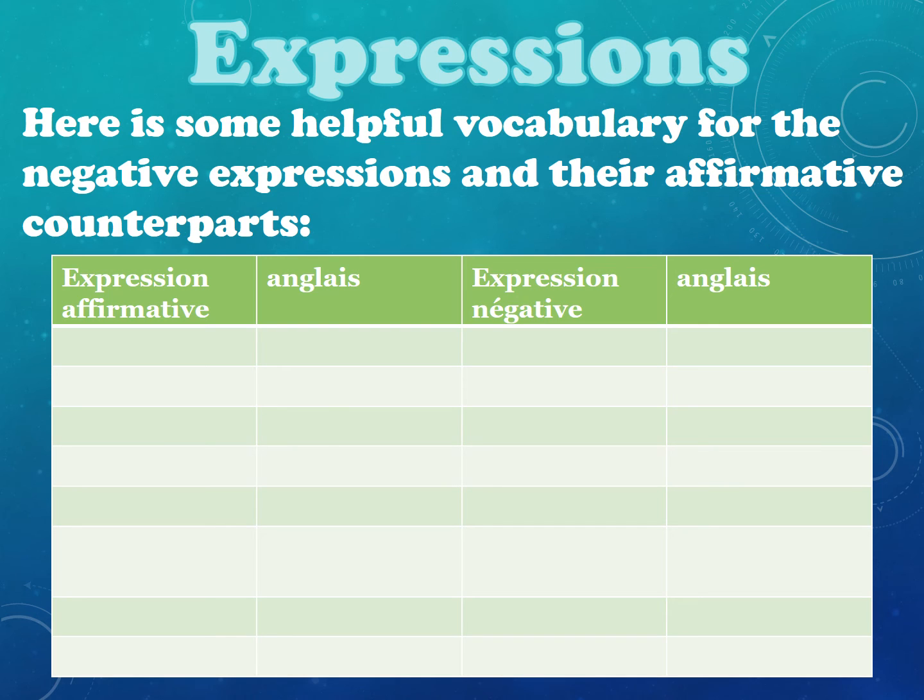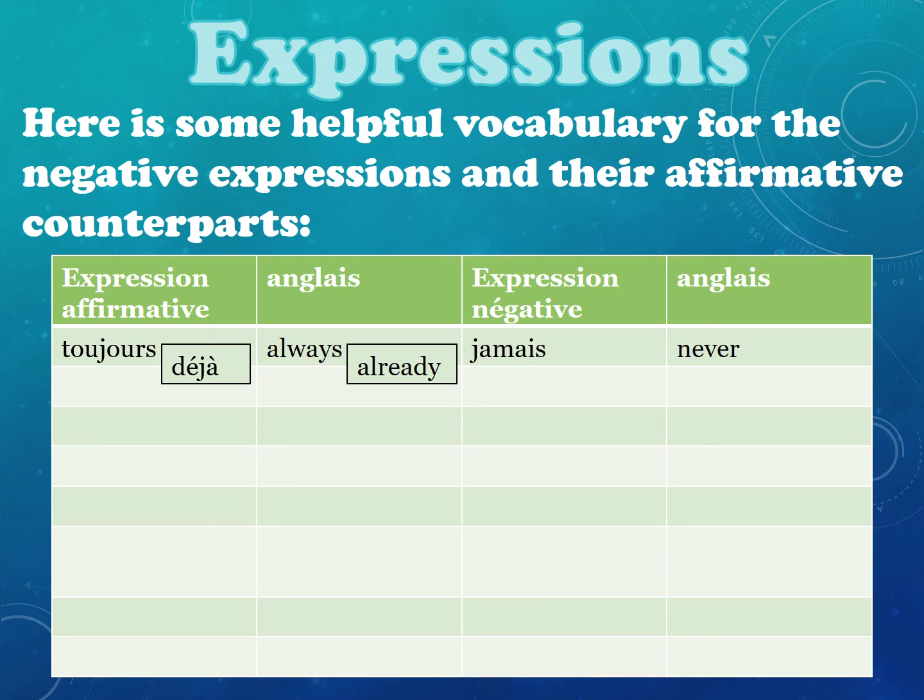So let's take a moment and talk about the vocabulary when you are talking about the negative expressions and their affirmative counterparts. Toujours, meaning always. Also déjà, meaning already. The expression négative, the opposite, is jamais, meaning never. Tout, meaning all, and aucun, meaning not a single one, are also opposites.